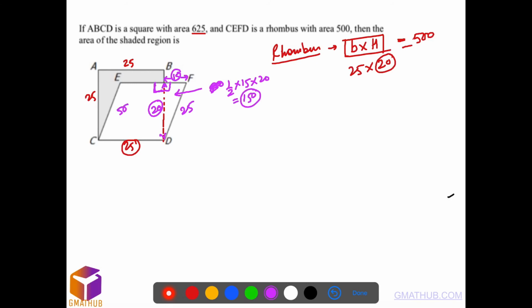So this will become 500 minus 150 equal to 350, and this will become 625 minus 350, which is 275. That would be your answer.